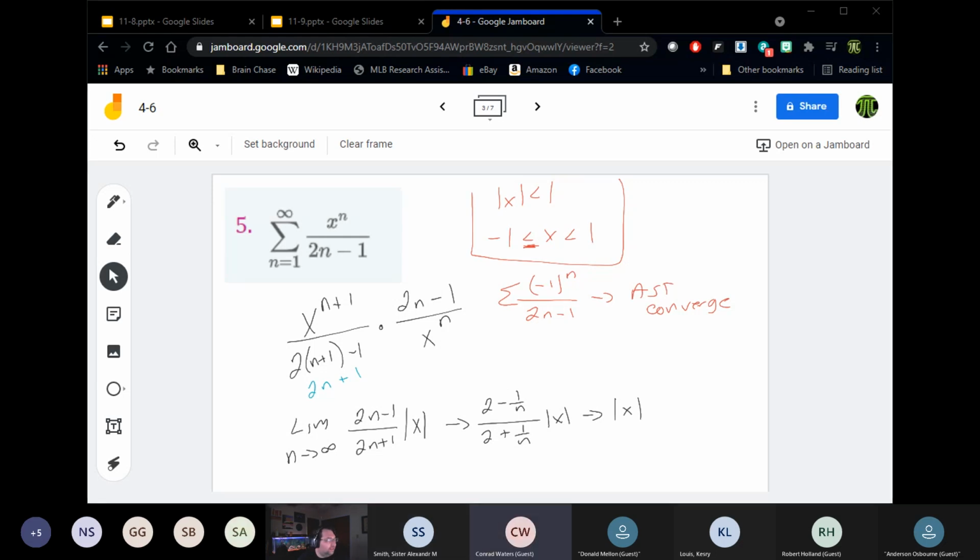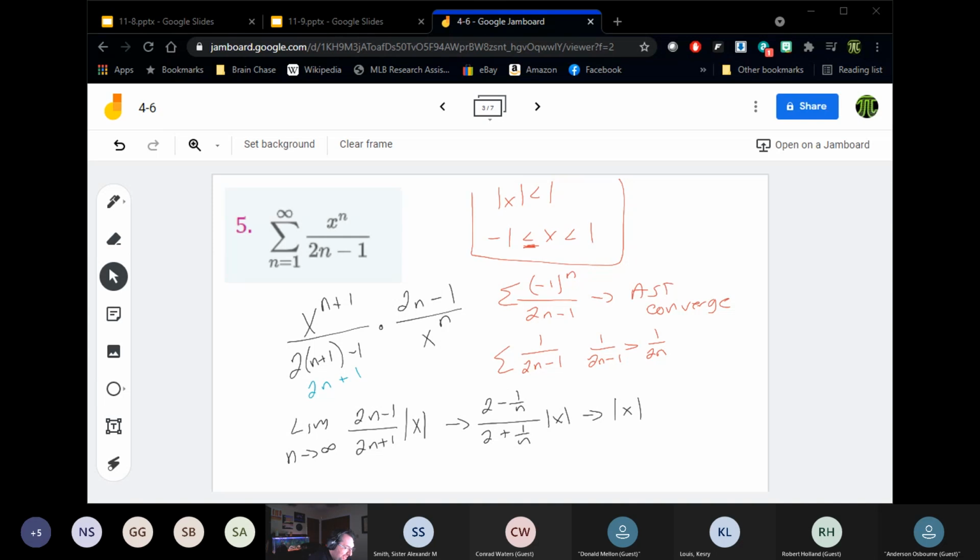Yeah. All right, so next we have to do the positive 1. If I plug in 1, I get 1 over 2n minus 1. Now I don't have anything with 2n minus 1 on the bottom, but I can look at 1 over 2n minus 1, which is greater than 1 over 2n.